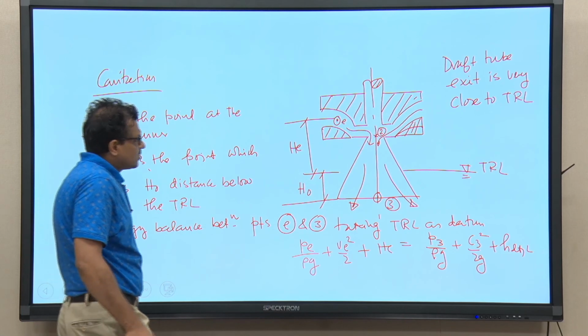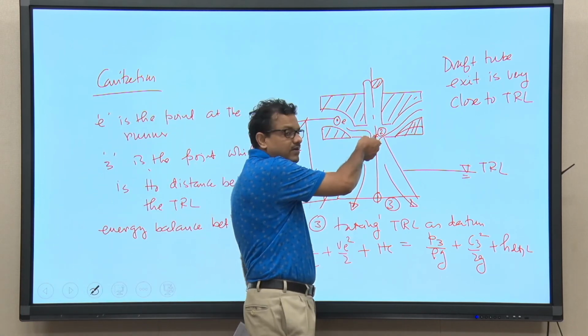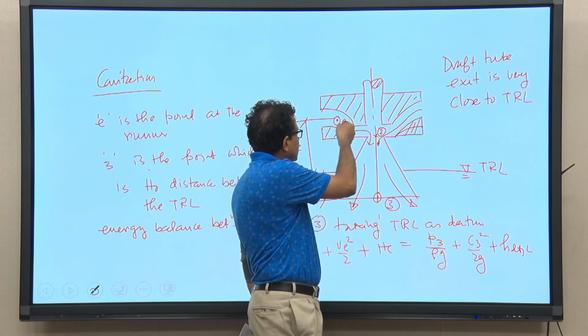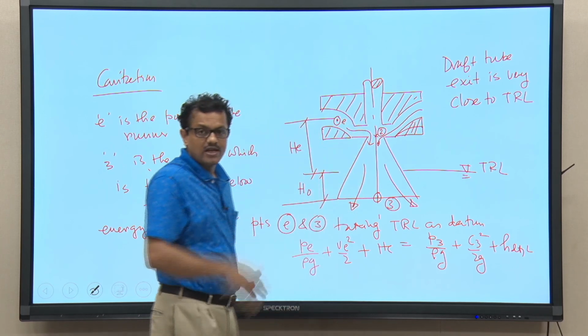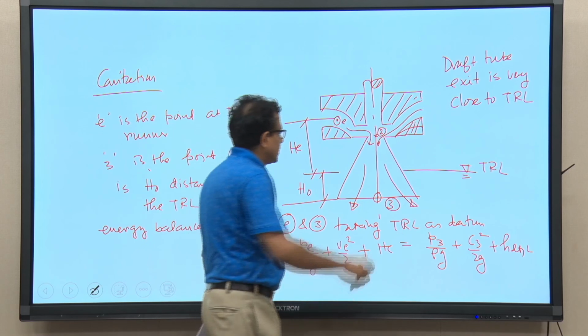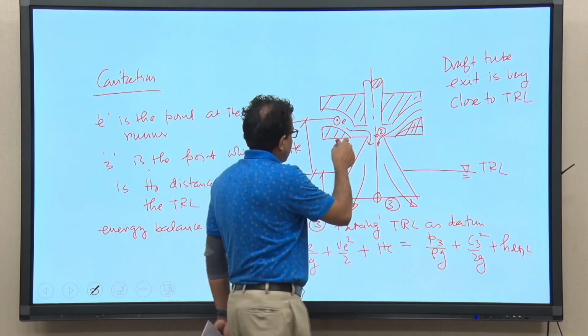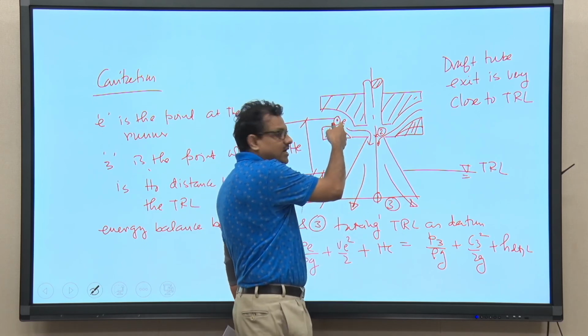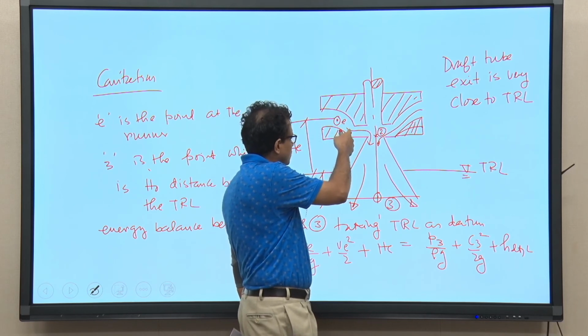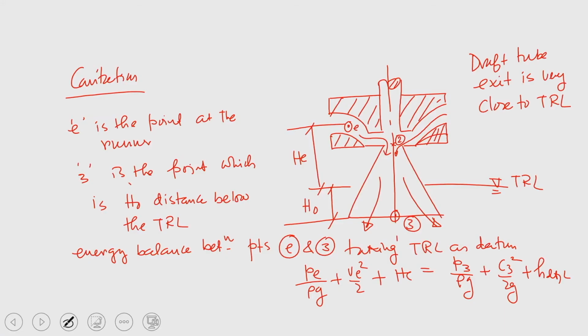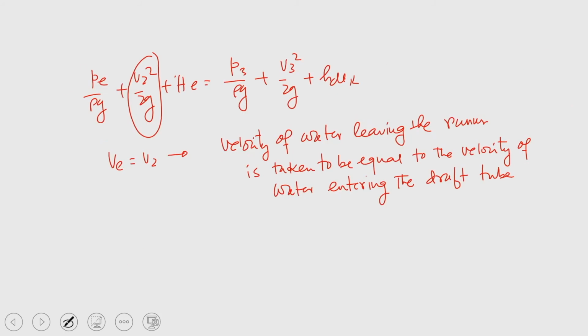Now, we really do not know where this cavitation will occur. Maybe if we consider another point very close to point E, where that minimum pressure will occur, right. We have considered point T, which is inside the runner, very close to the exit of the runner, but now we can consider the point where minimum pressure will occur.